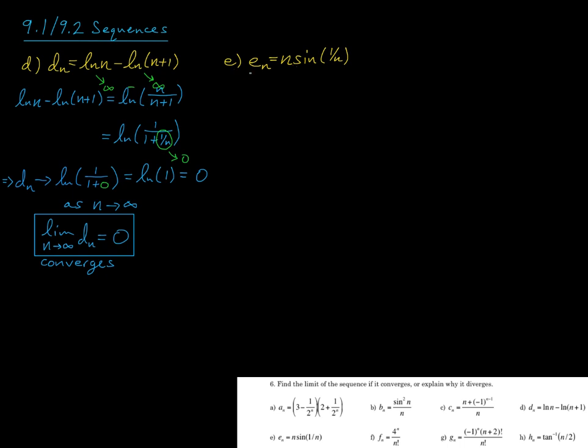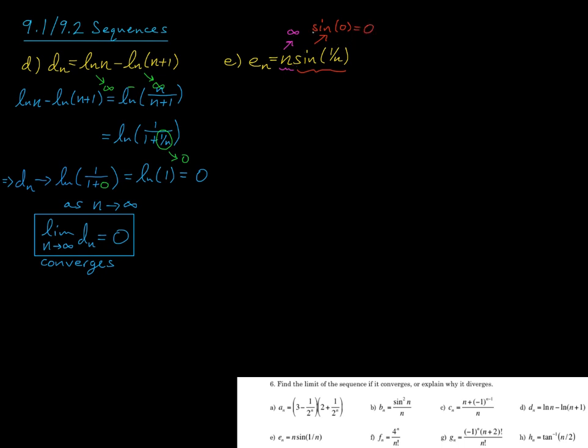You got e sub n, which is equal to the product of n and sine of 1 over n. Now here, this first factor n is approaching infinity, whereas the second factor, sine of 1 over n, is going to approach the sine of 0, and the sine of 0 is equal to 0.